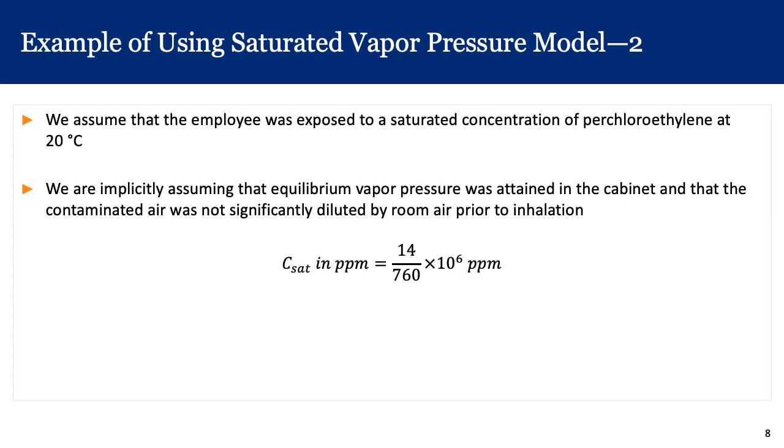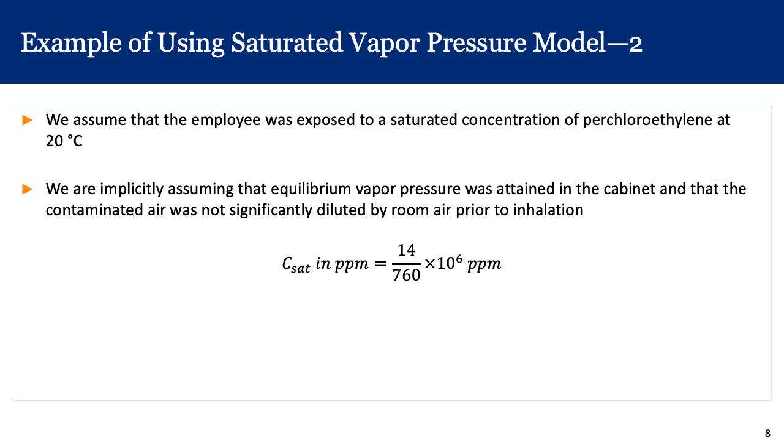So we will assume that the employee was exposed to saturated concentration of perchloroethylene at 20 degrees Celsius. And we are assuming that the equilibrium vapor pressure was attained in the cabinet and the contaminated air was not significantly diluted by room air prior to inhalation. And so that's why I said in the first couple of breaths, what is the concentration?